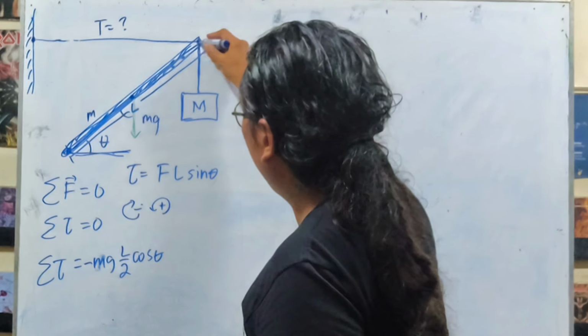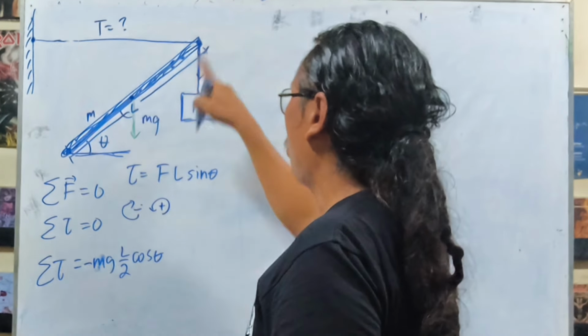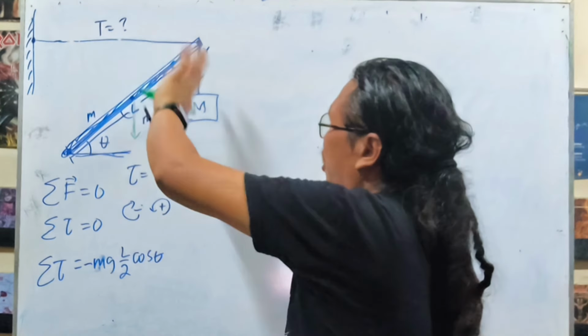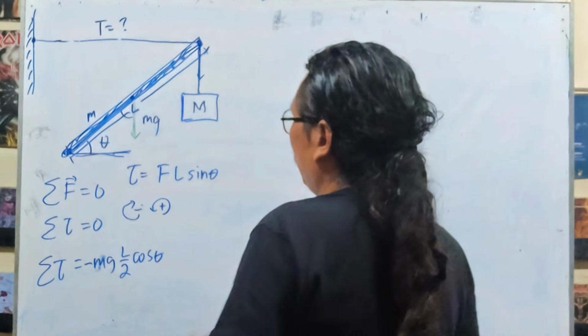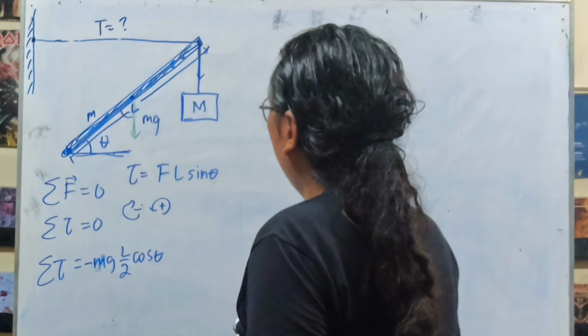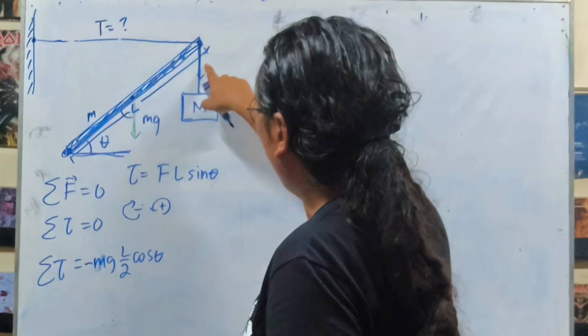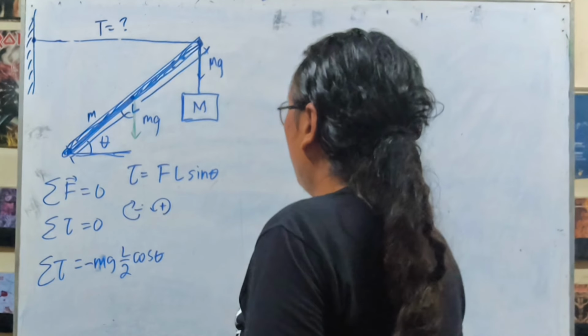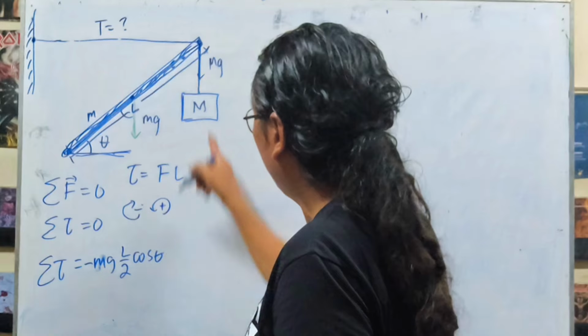Now how about this? This force right here is just the weight of this. We don't need to solve for the tension on this one, since these two strings are assumed to be detached. So the force right here is just mg.